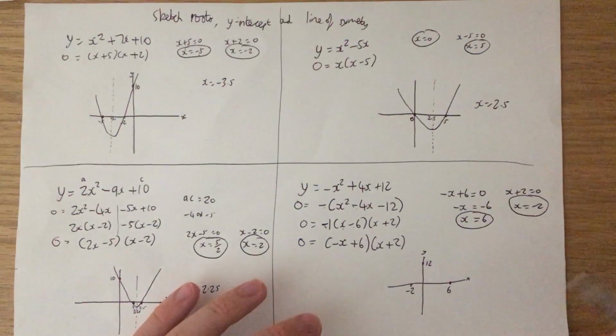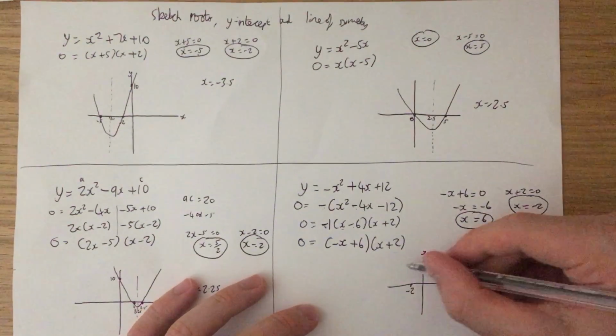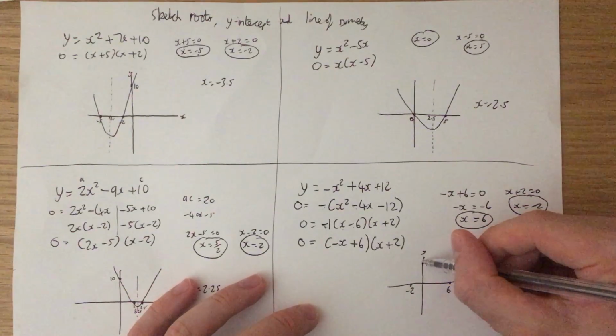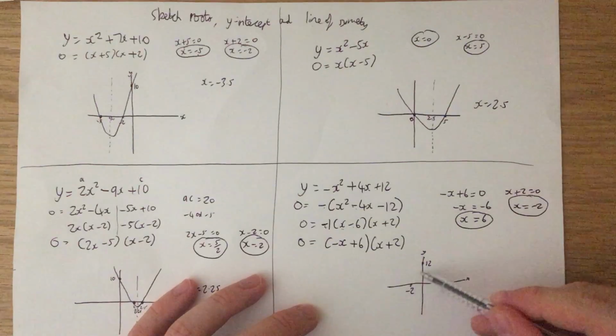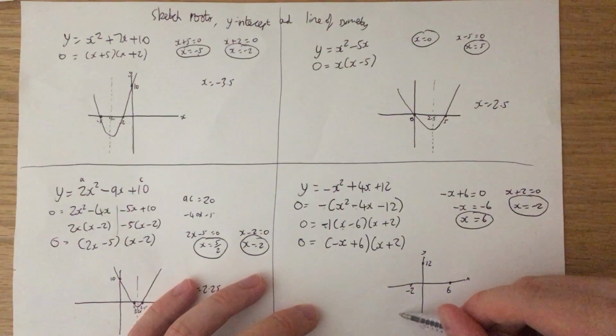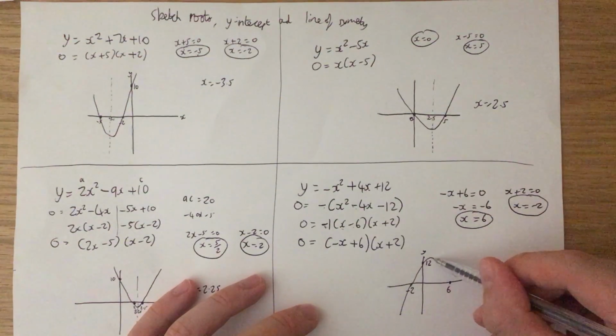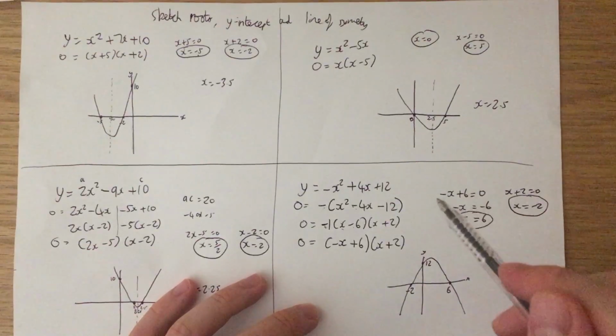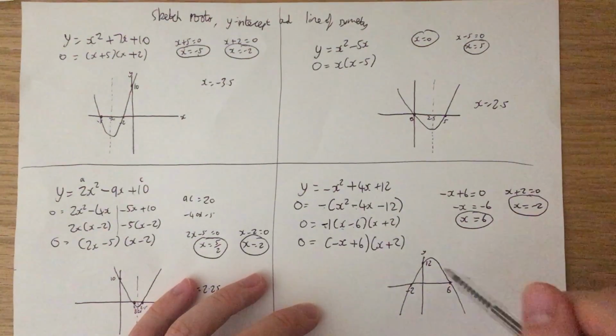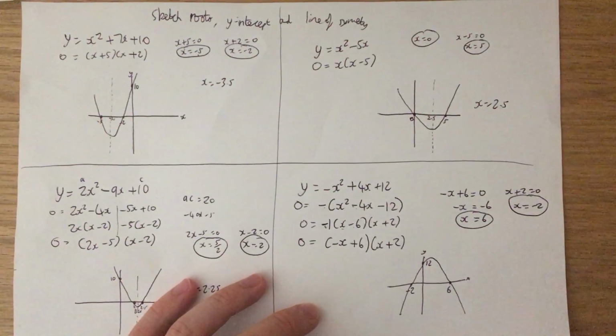So I'm not scared about that y-intercept being up there. We're used to seeing the other shape, but not in this case. It's going to be an N shape. So it will look a little bit like that. Okay?